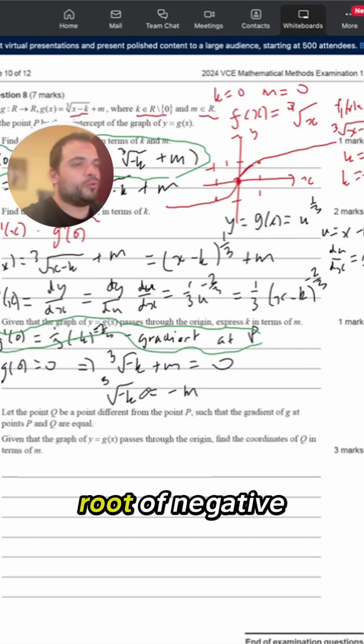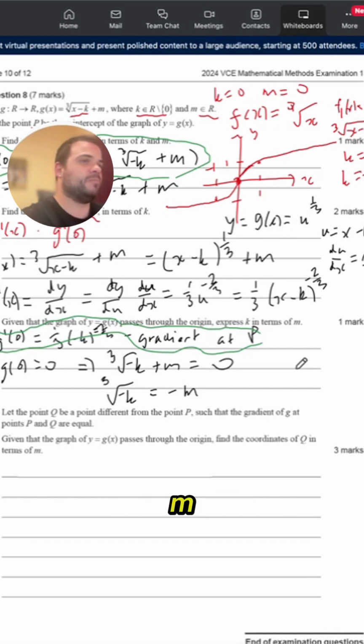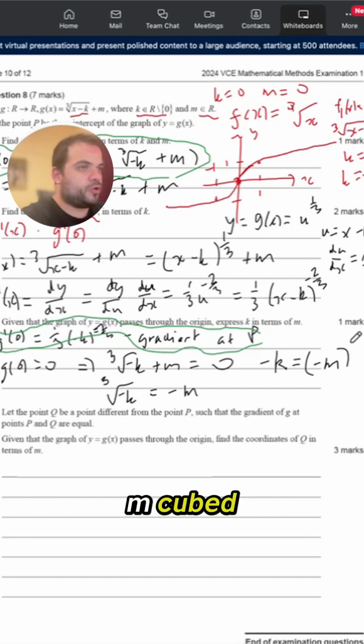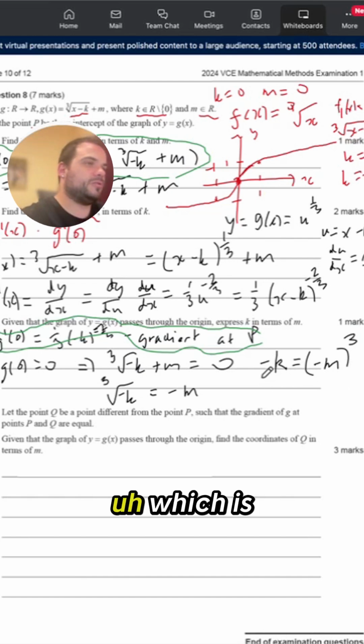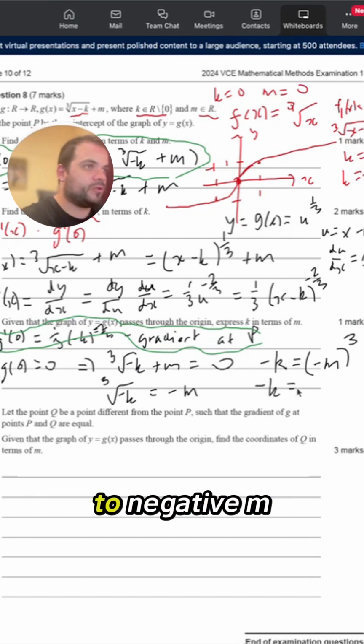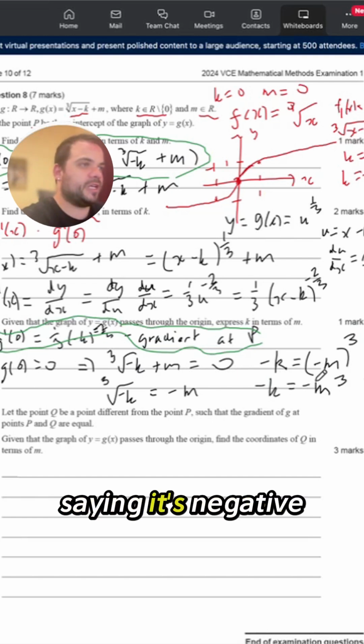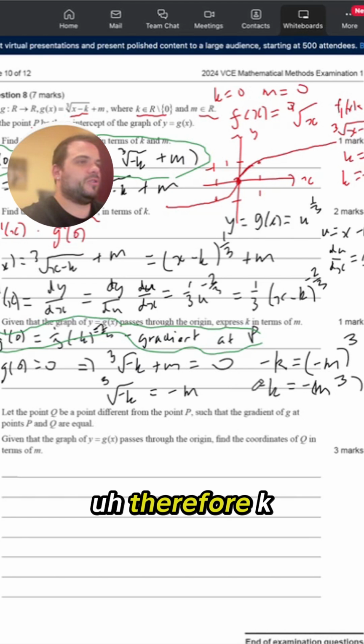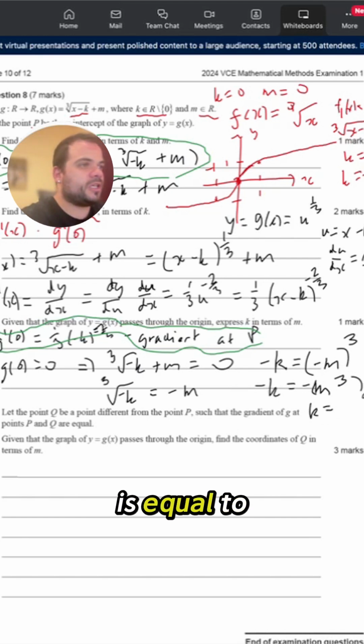Now, the cube root of negative k is negative m, which means that negative k is equal to negative m cubed. Therefore, k is equal to m cubed.